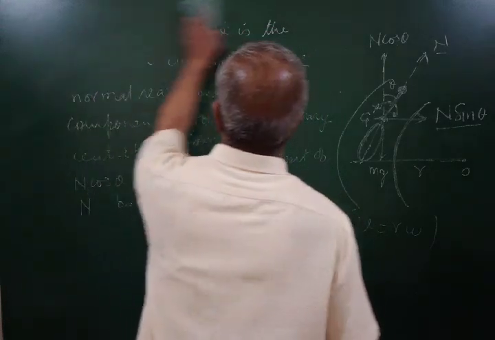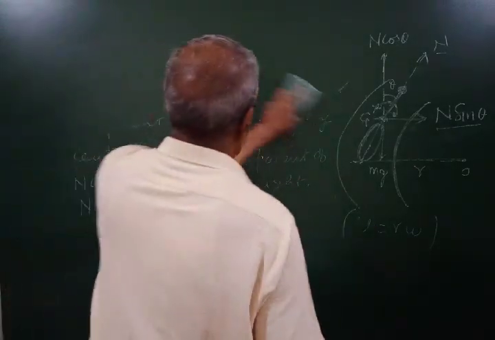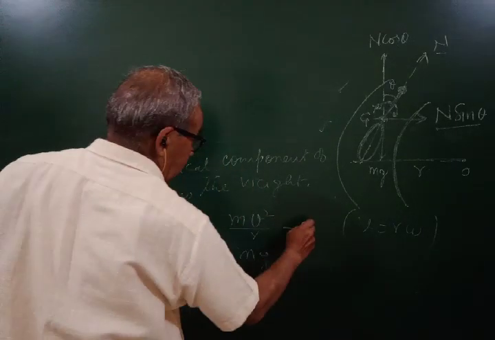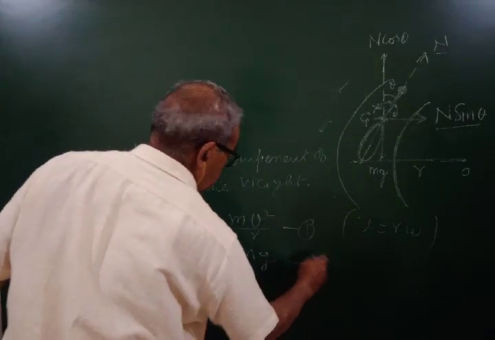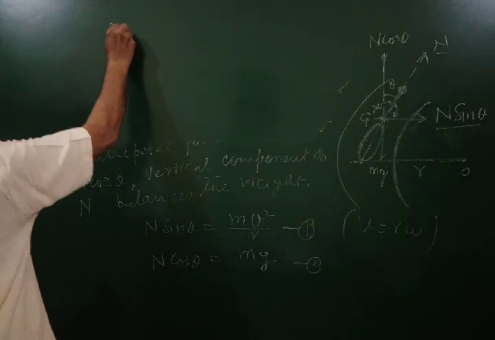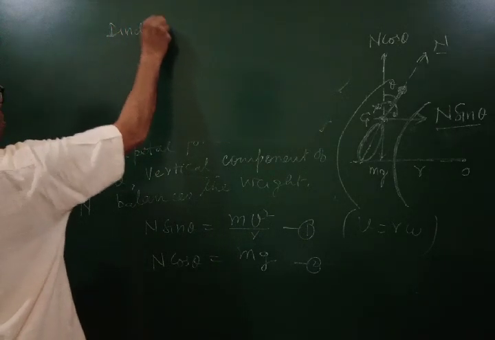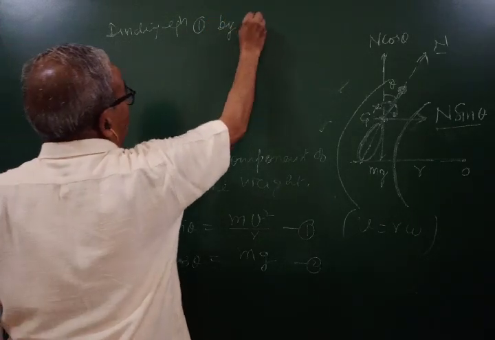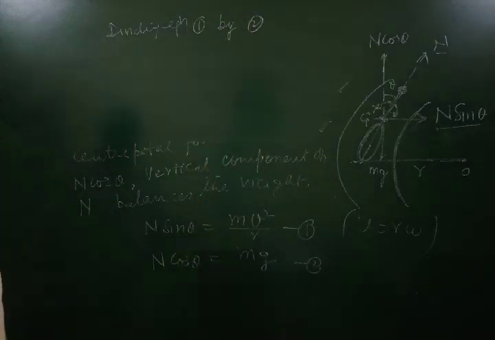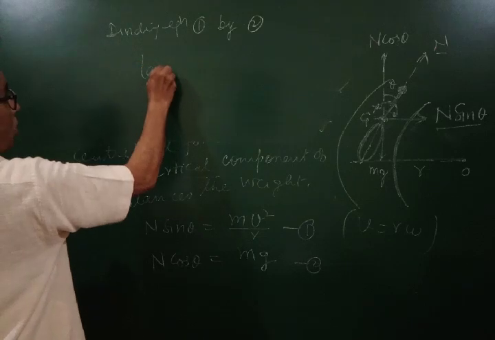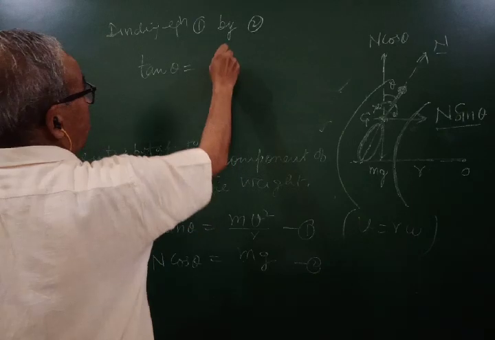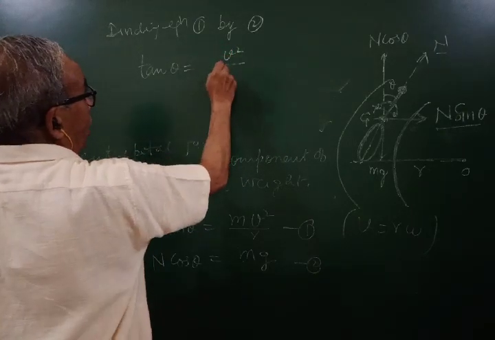If we divide these equations, dividing equation 1 by 2, what do we get? Tan theta equal to v square upon r g, as N cancels.